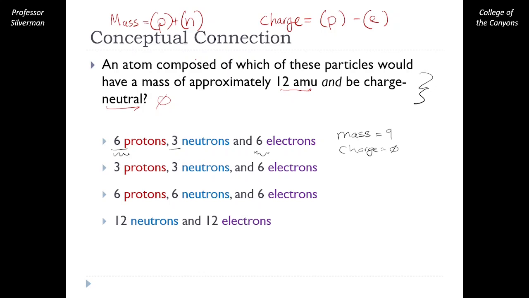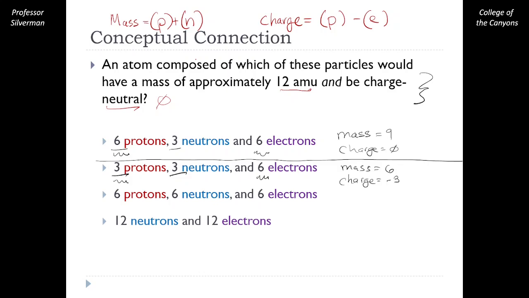Well, no. Our second atom has a mass of 3 plus 3, 6. And it has a charge of 3 minus 6, -3.